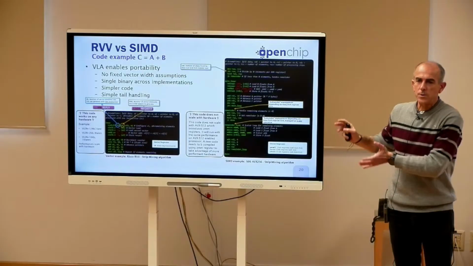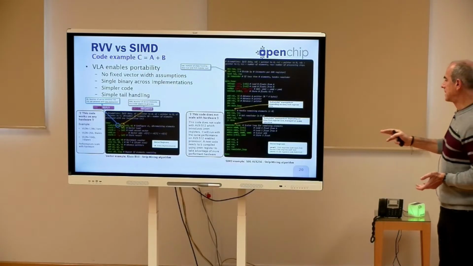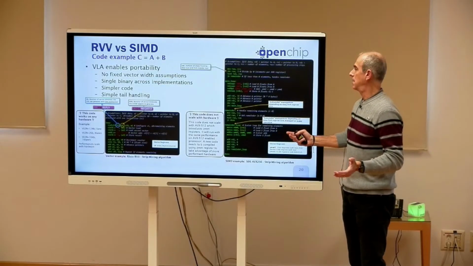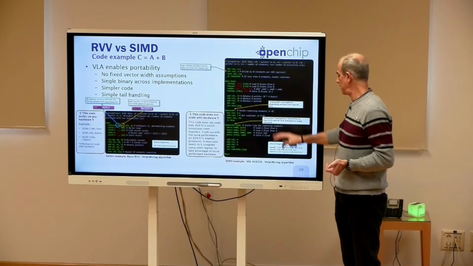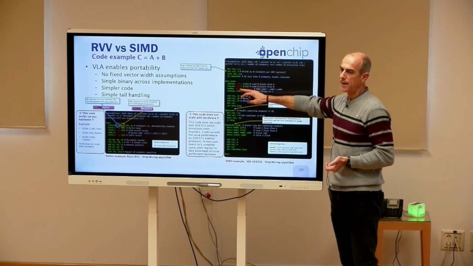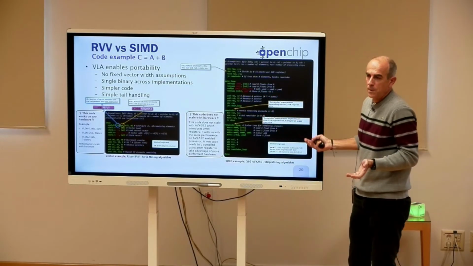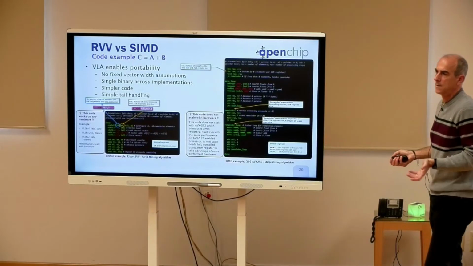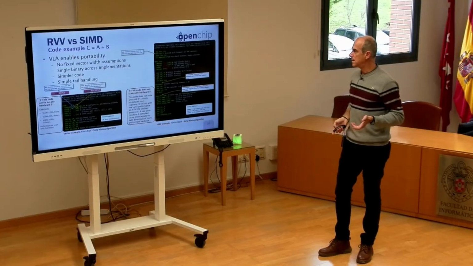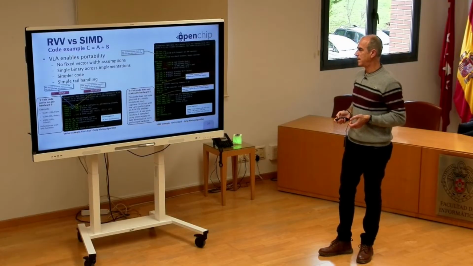If you want to use this code with the AVX512 extension, so with bigger vectors, you have to rewrite the code because, for example, the registers are called ZMM. You are using Y. So this code probably will run, but will not take advantage of the powerful hardware. So the RVV structure is very flexible.